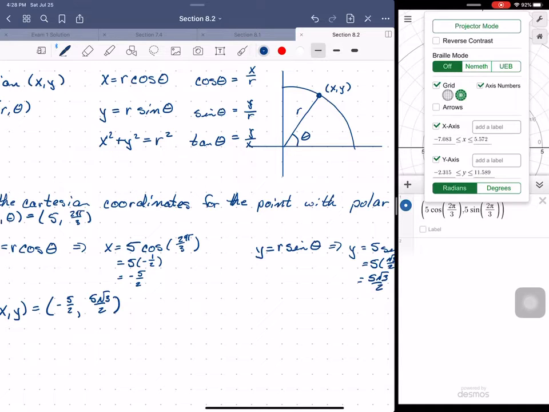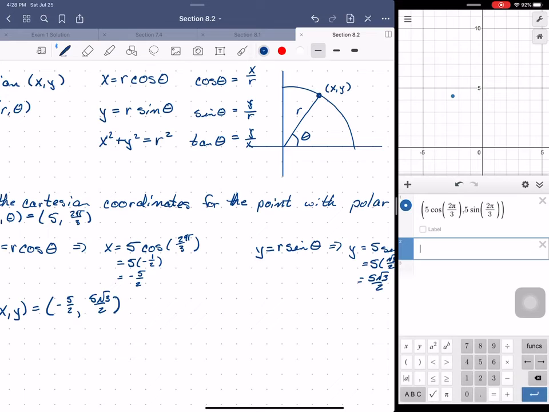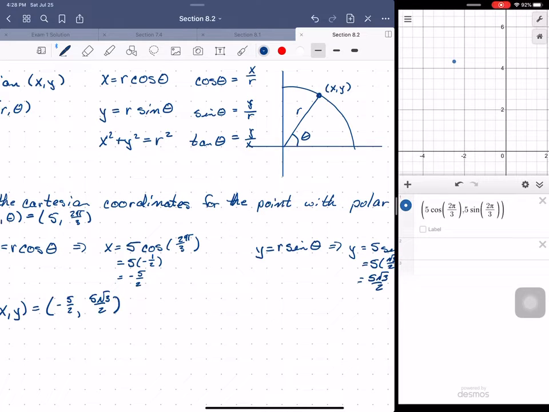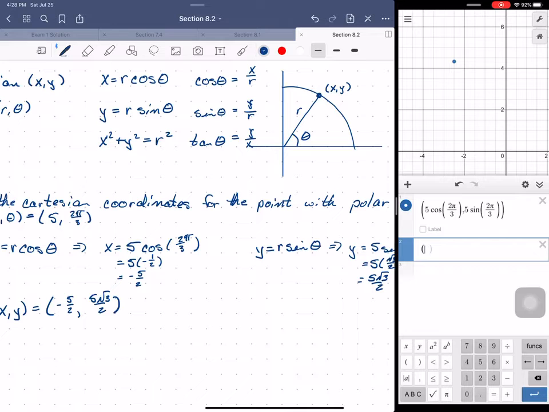And if you change your grid to rectangular, you can see that, so we think that point's in the right spot. Let's just check it, because we know that that should be negative 5 halves, comma 5 square root 3 over 2. And sure enough, the blue point and the green point lie right on top of one another.